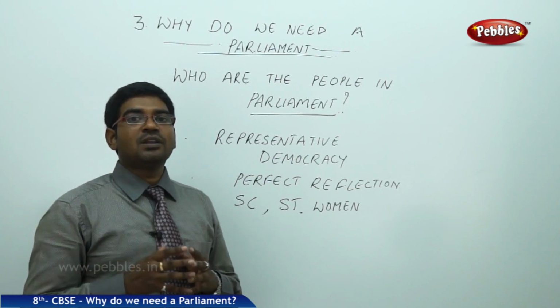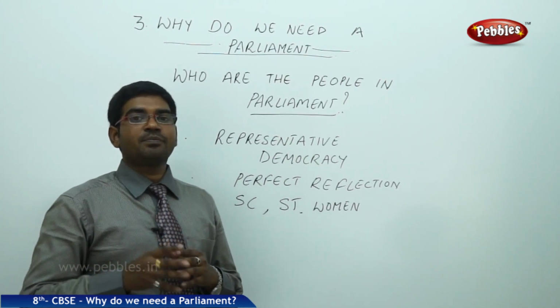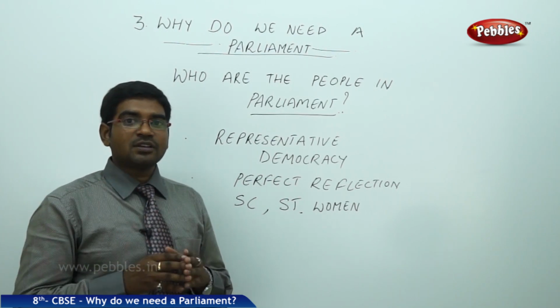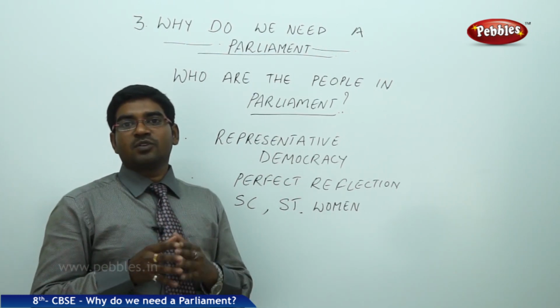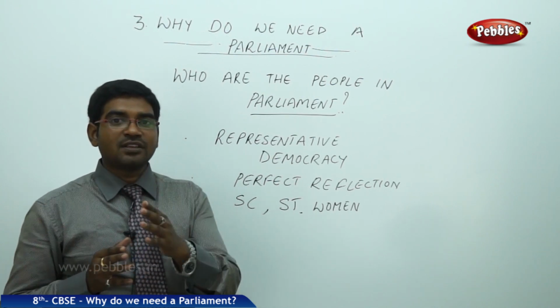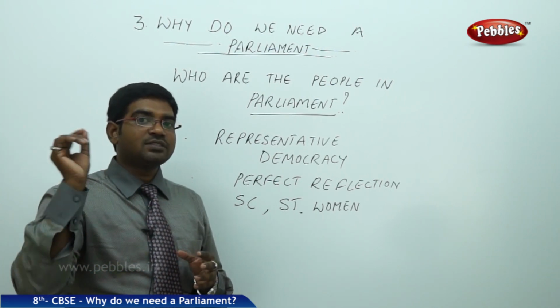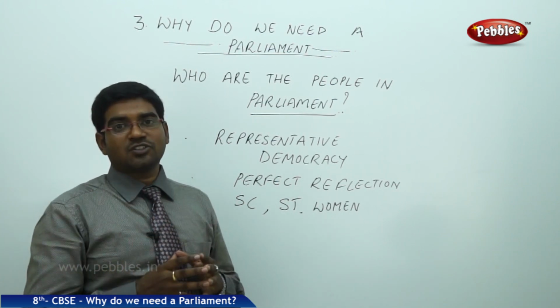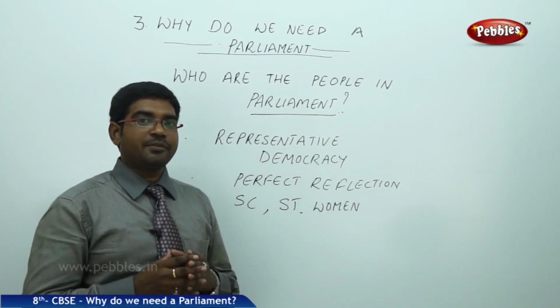Upgrading of these people is the utmost responsibility of the government also. So in Parliament reservation was given for SC candidates, and for ST candidates a certain number of seats are allotted. This can give some amount of reflection of the society.